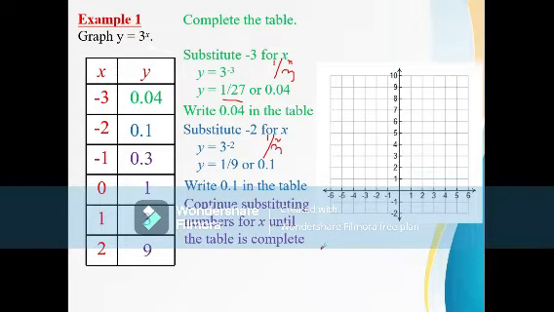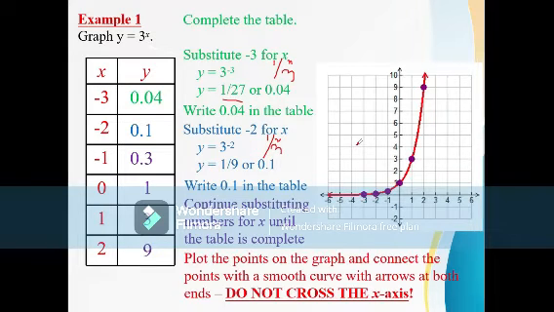Now, we are ready to plot the points. So plotting the points, we have -3, 0.04 as our y, then -2, 0.11, then we have -1, 0.33, then 0, 1, this is the point for 0, 1.